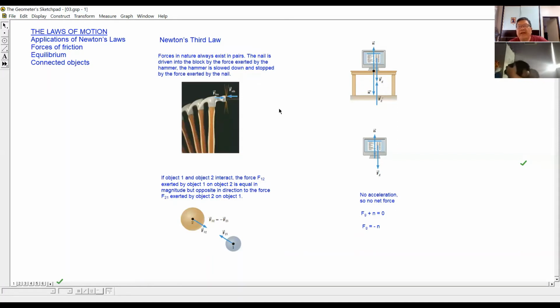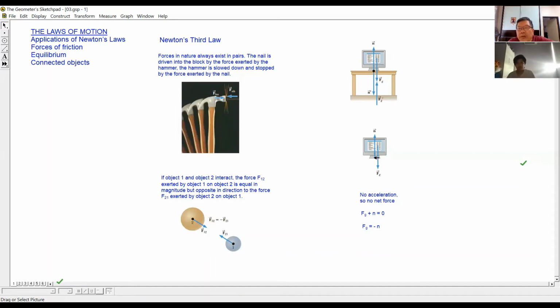We look at a monitor or a TV resting on the table. This object is resting on the table. Because this object is not moving up or down, the net force is zero. The force exerted by the object, this monitor, on the table is Fg.